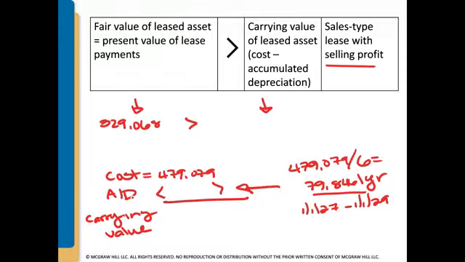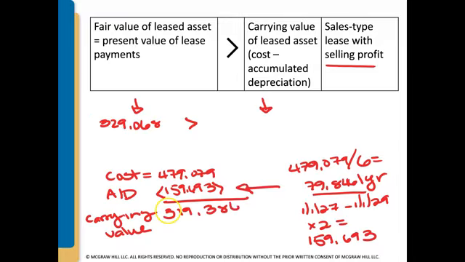When I take the $79,846 times 2, my accumulated depreciation is $159,693, which gives me a carrying value of $319,386. So this is how I get my carrying value amount.